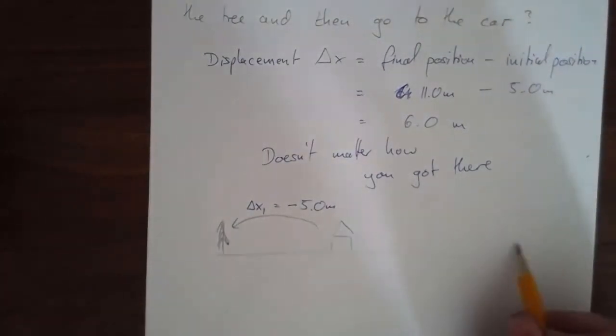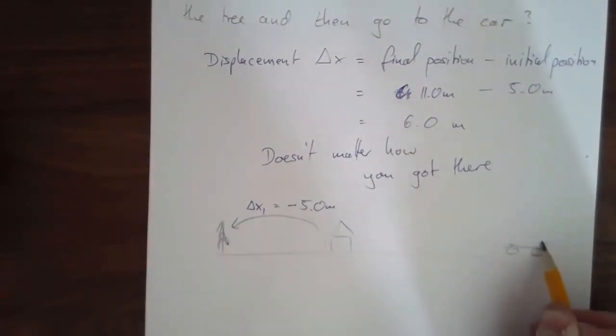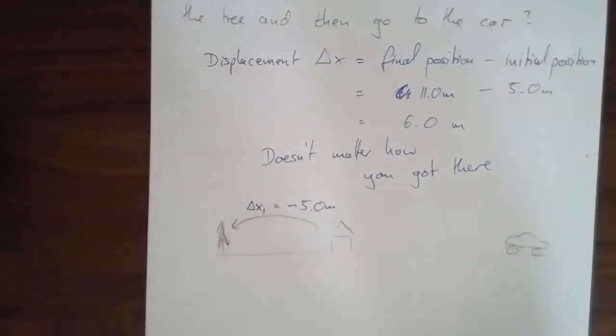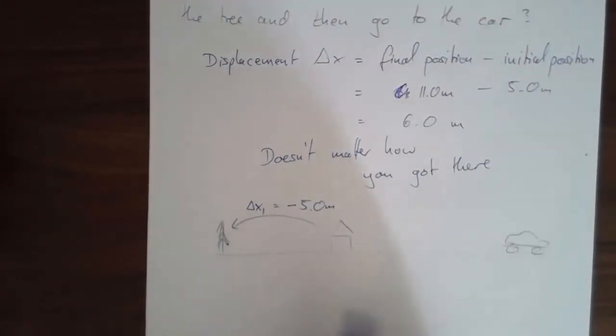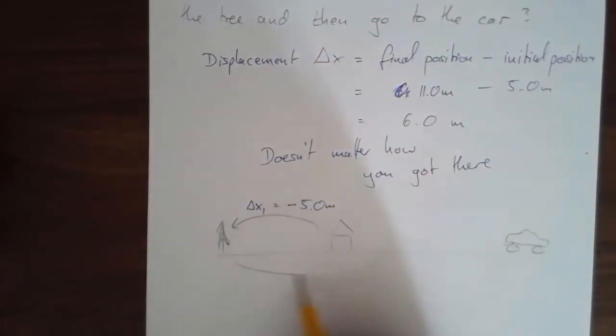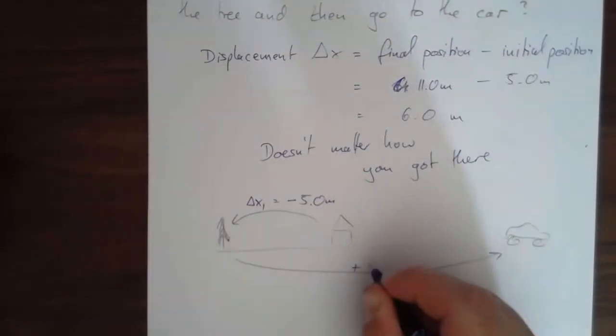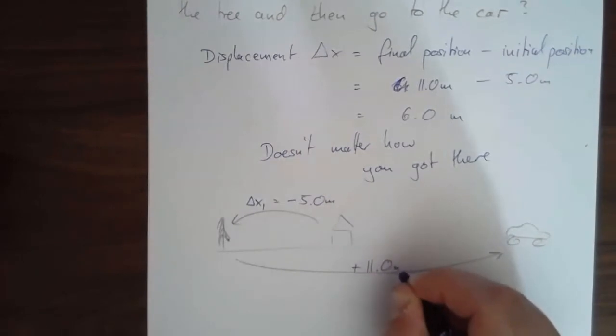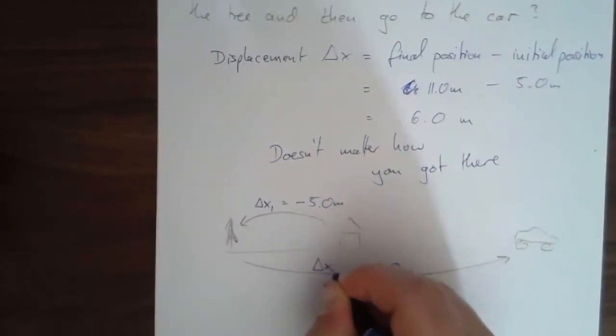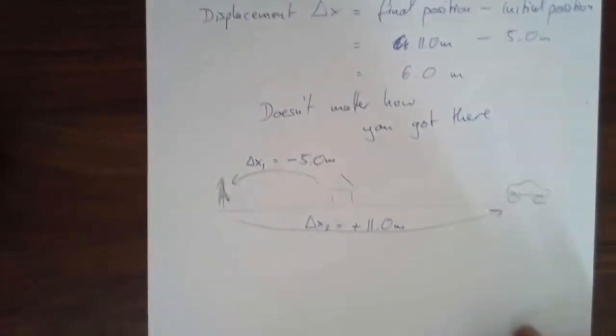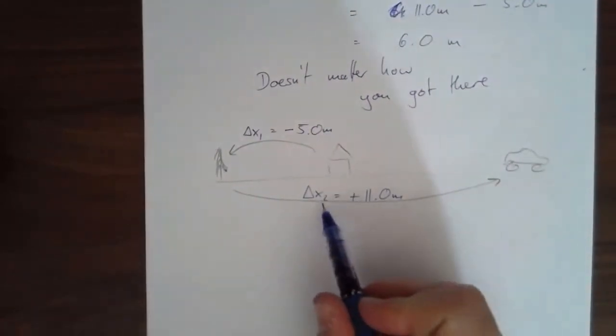And then for the second part, my car's going to be over here. Going from here to here would be a displacement of plus 11 meters. That would be delta x2, the second part of the journey.